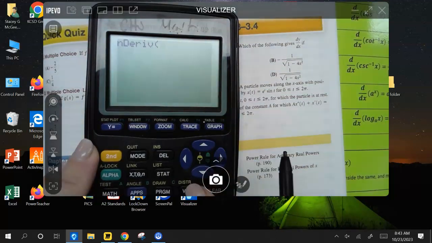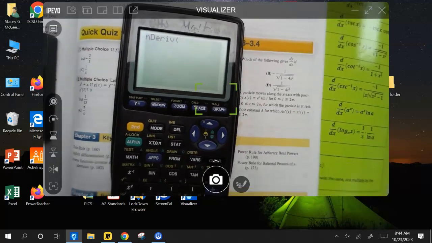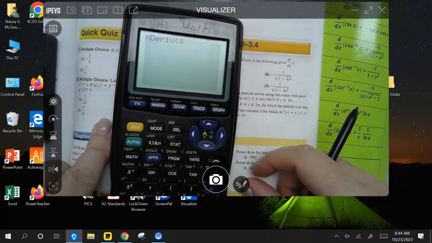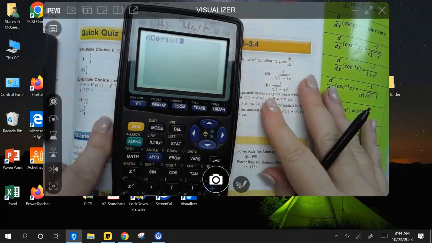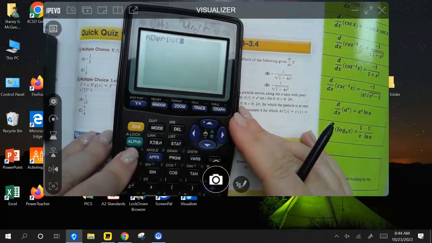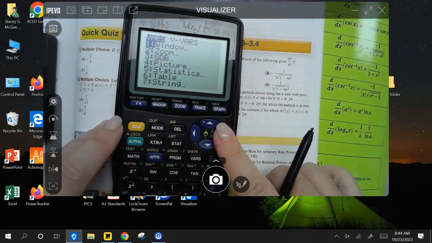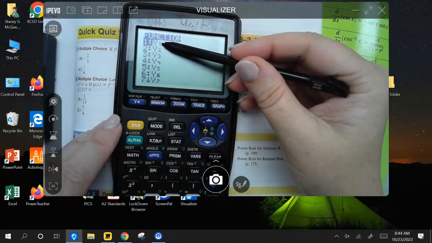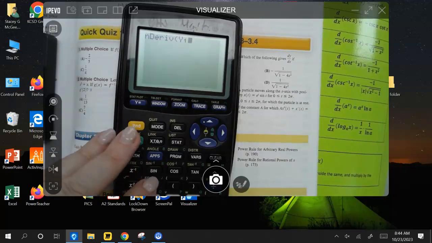I want it to take the derivative of, hit vars, then over to y vars and hit enter for function. And we're going to choose just that y1.